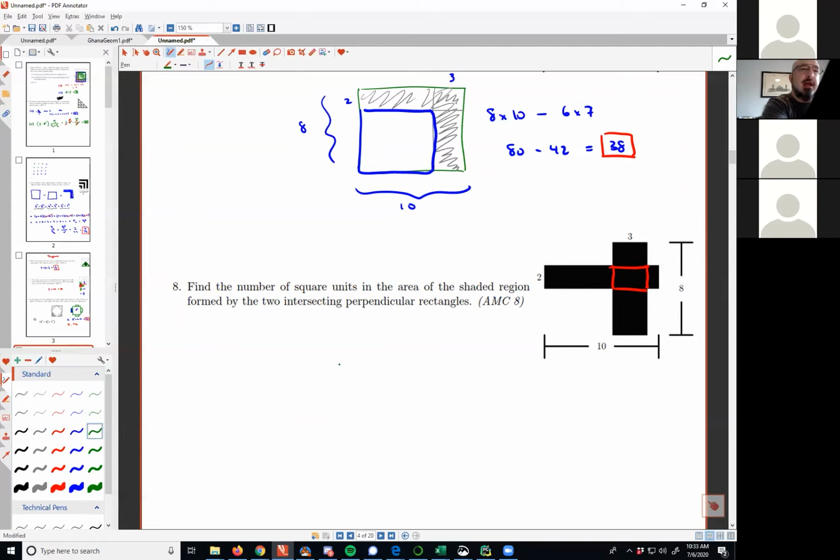And those two overlapping black strips have dimensions 2 by 10 and 8 by 3. And now we can subtract the red portion in the middle, which is what? 3 by 2. That's right. 2 by 3.